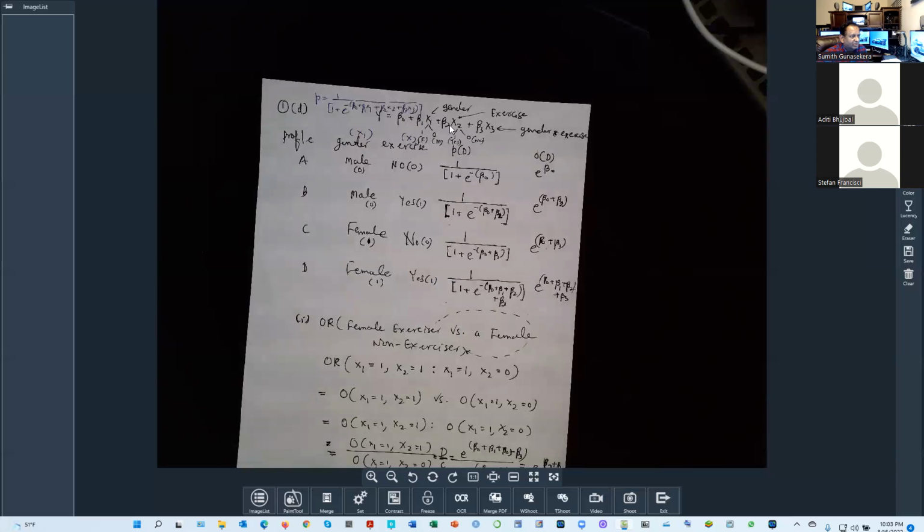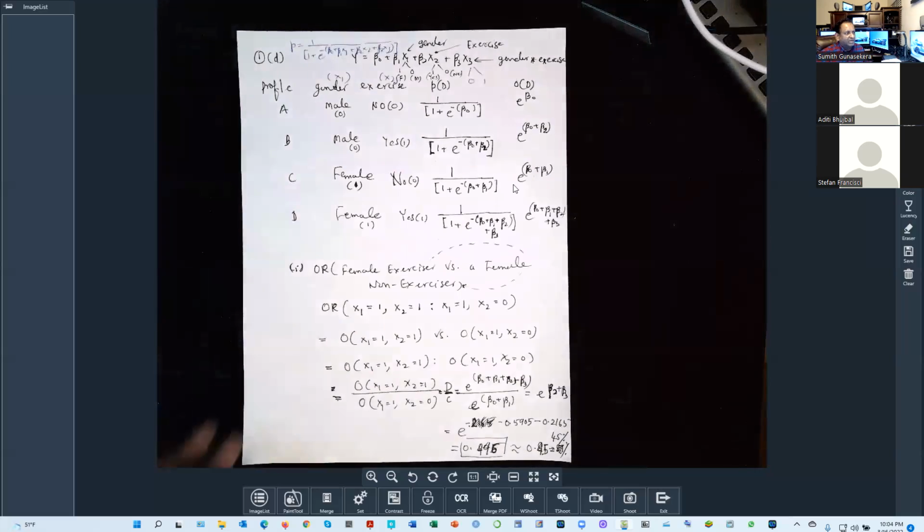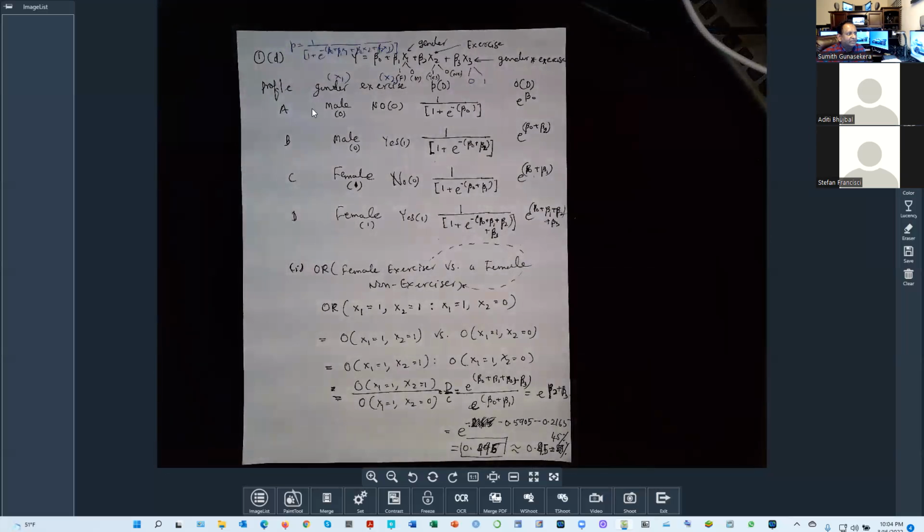Those are the only options you can put here: either 1 or 0. This becomes either 0 or 1. This one also becomes 0 or 1. But you cannot talk about these separately for a given 0, because it is a function of these two.